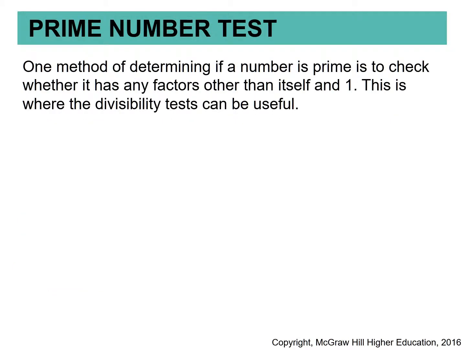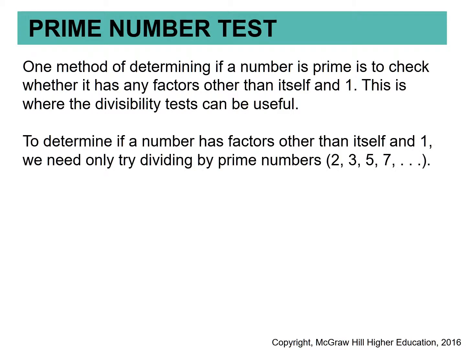So one of the things you had to do for your basic skills test is determine if a number is prime. We can use certain divisibility tests to tell us if there are certain factors that will go into a number. All we have to do is try to test prime numbers up to the square root of that number and see if they will divide into that number.